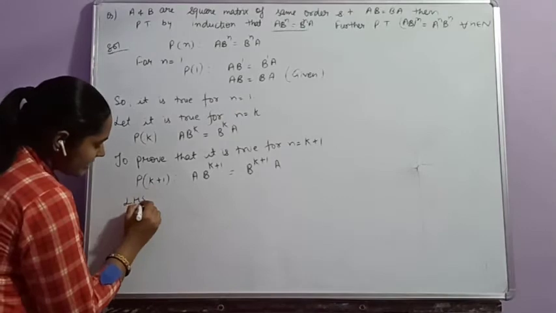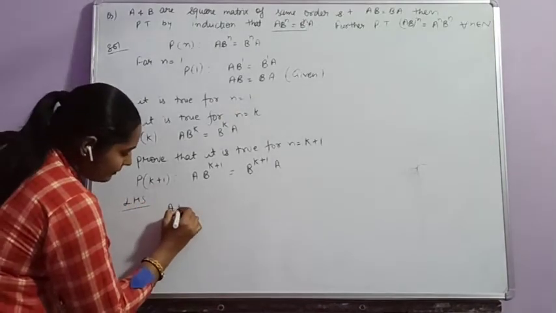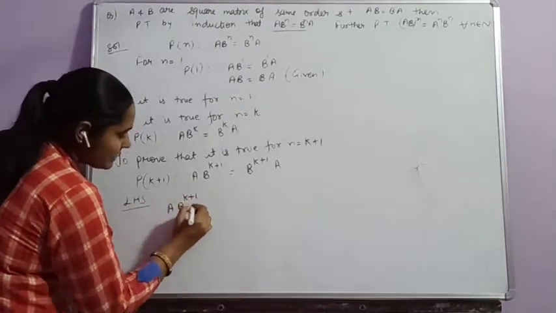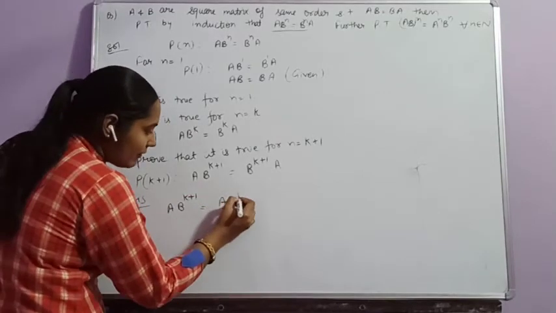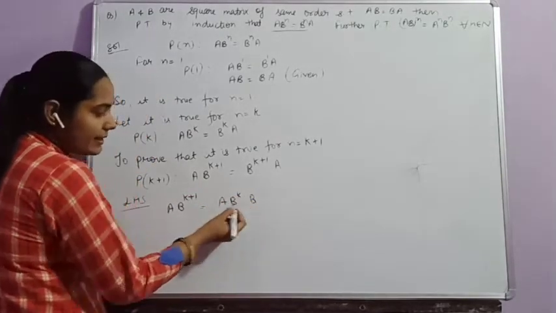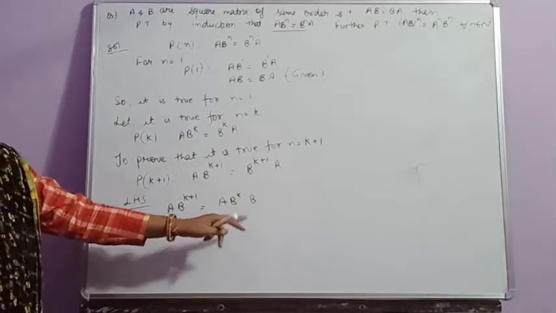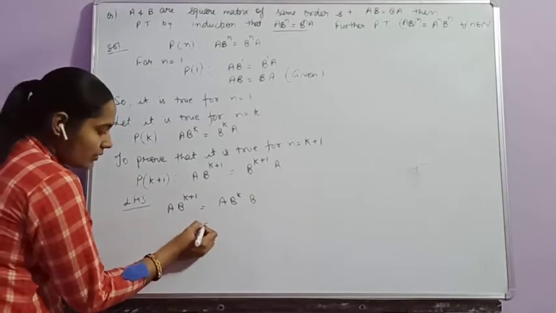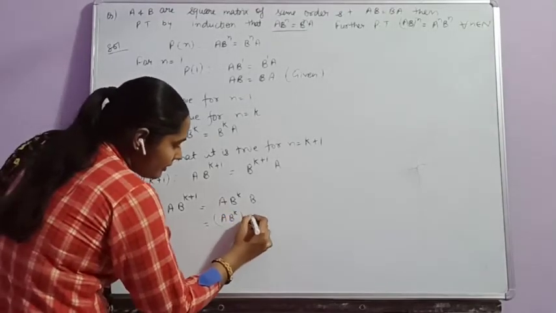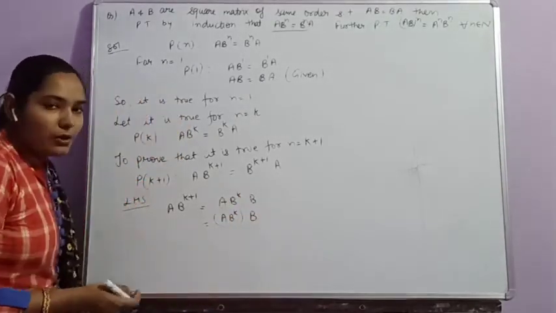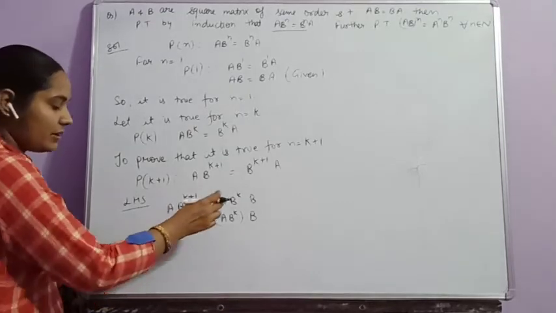Firstly, we take the left hand side, that is AB raised to the power k plus 1. We can write it as AB raised to the power k into AB. As bases are the same, powers can be added. If we don't disturb the order, then the product of matrices can be written as such.